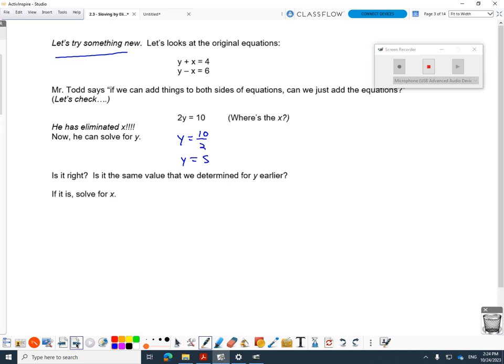Sub this y equals 5 into here: 5 plus x equals 4. When I move that 5 over, I get negative 1, the same as I got before. So here's an alternate way of doing these questions that still gives right answers. It's pretty nice. It has weaknesses, or I would have shown it first, and I'll show you the weaknesses as the lesson goes on.